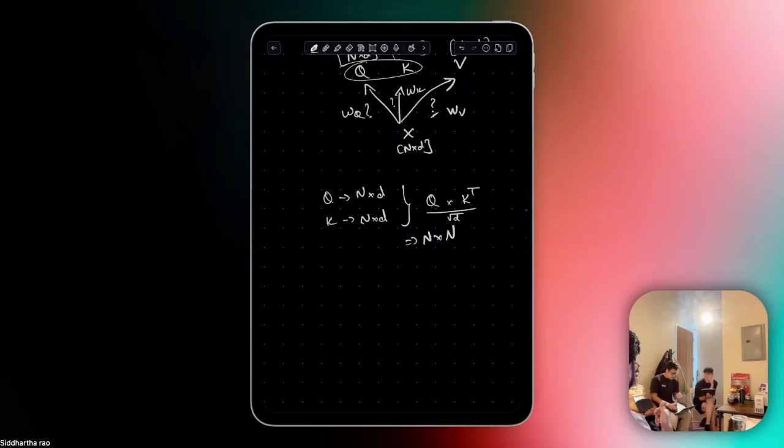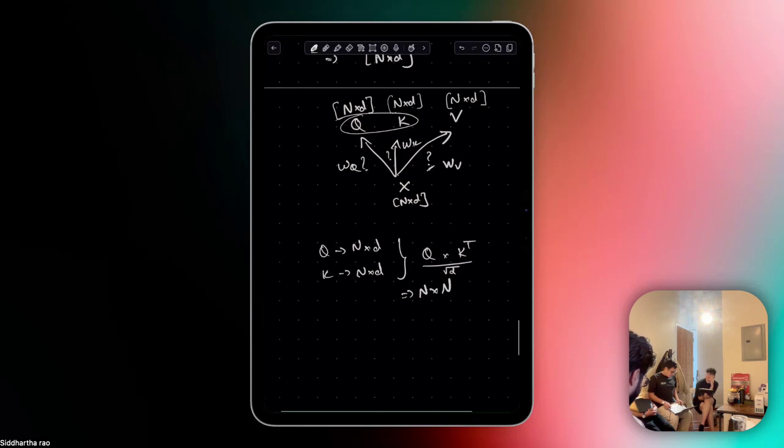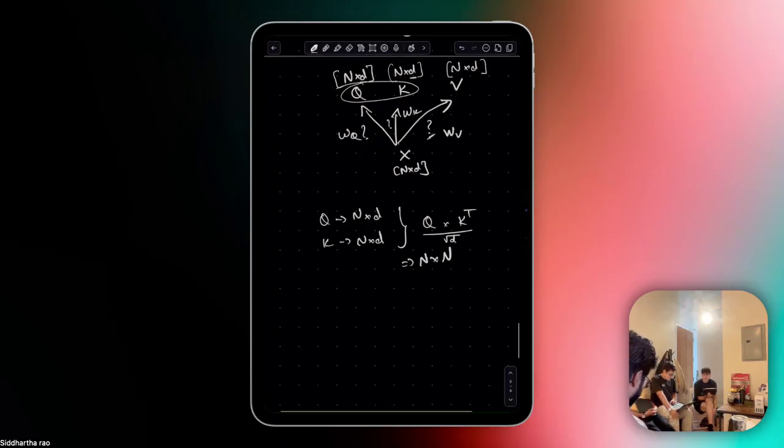The inner product is along d, so d is the dimension that's getting squashed to give the n by n matrix, and you're summing up these d elements, each with a certain variance. So the variance is going to be very big. The standard deviation is square root of d, which is why you're dividing this matrix multiplication.